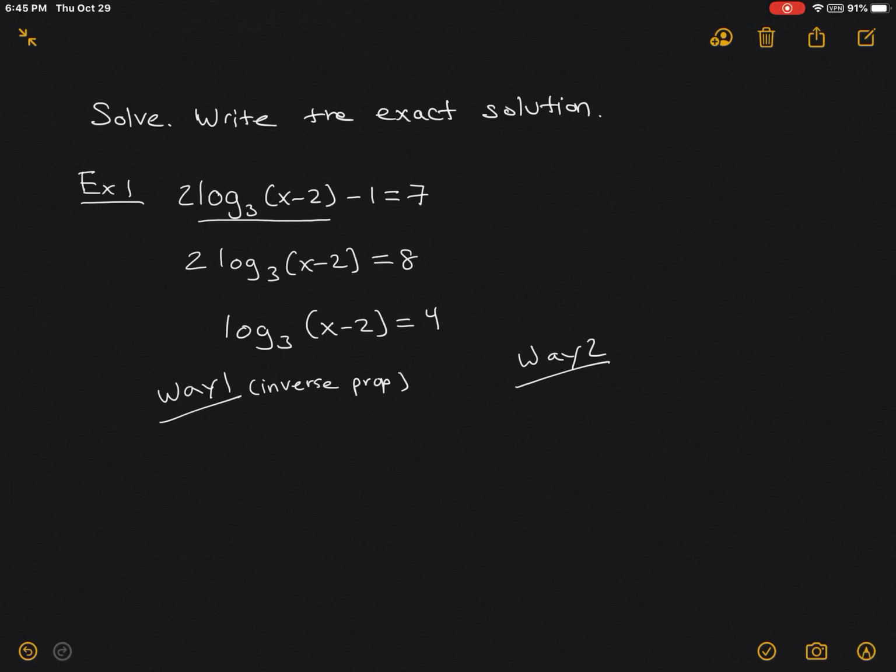Or way 2, you can directly convert from log form to exponential form, okay? So using my inverse property, I would exponentiate both sides by base 3. So whatever I do to the left, I do to the right side of the equation. And way 2 kind of just bypasses the inverse property. You can just say, well, this is just 3 to the 4 is equal to x minus 2.